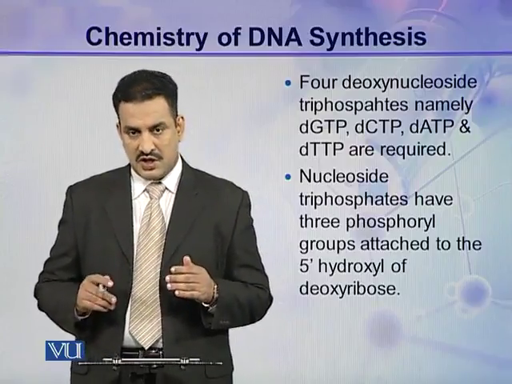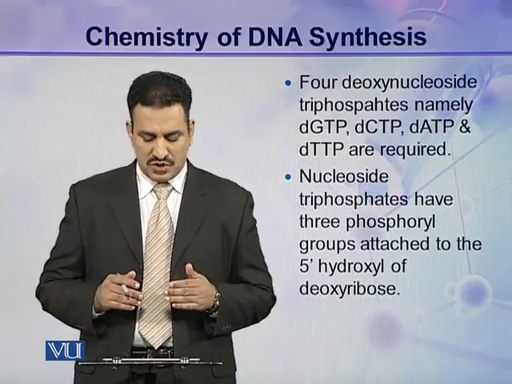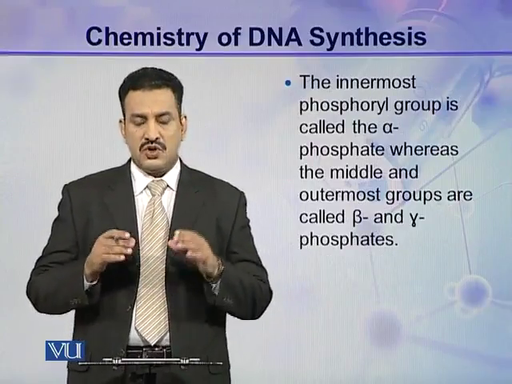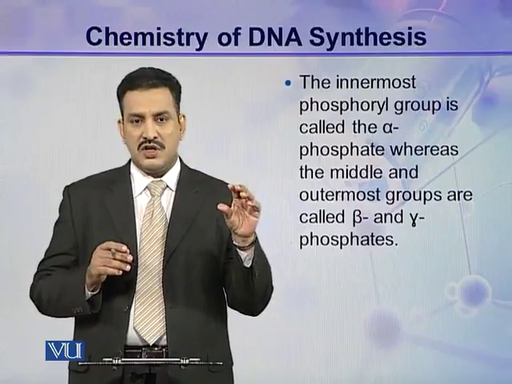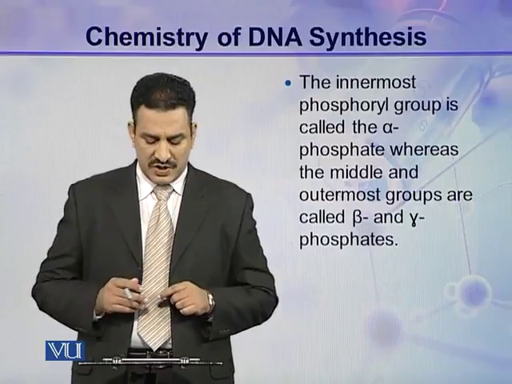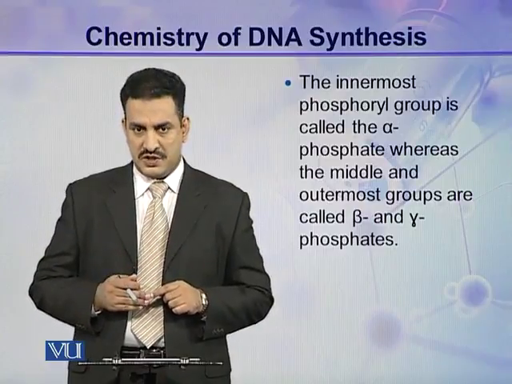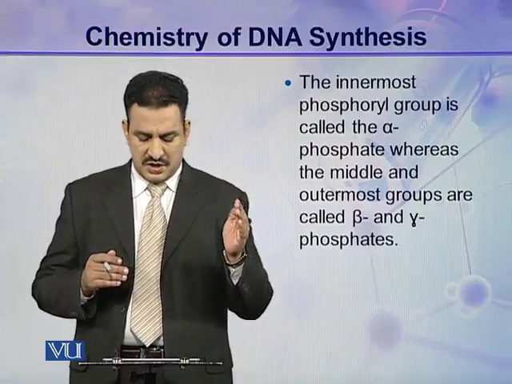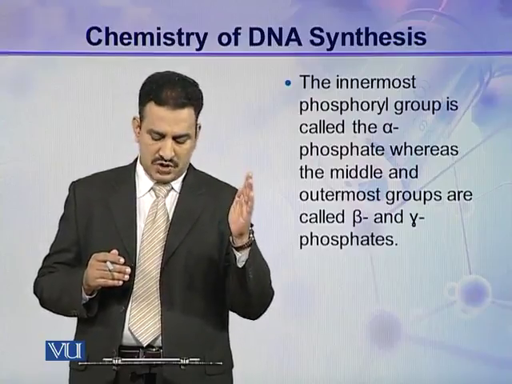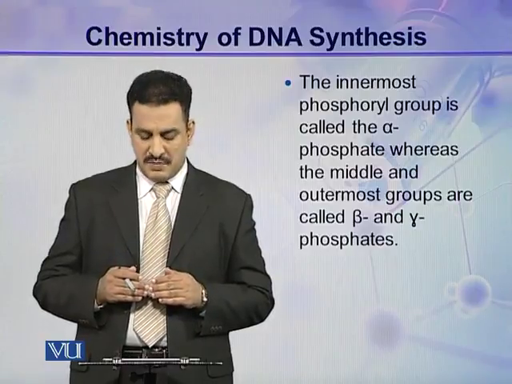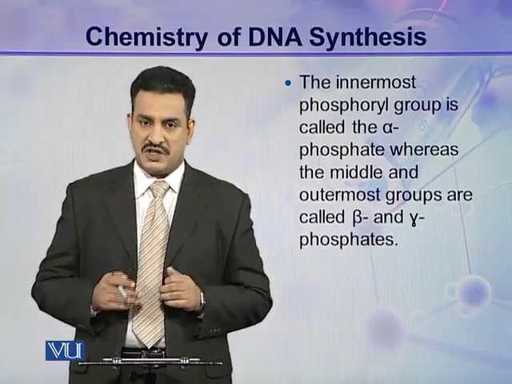So that in this way it becomes nucleoside triphosphates. In these three phosphates, the innermost phosphoryl group is called the alpha phosphate, while the second and third, that is the middle and outermost groups, are called beta and gamma phosphates respectively.